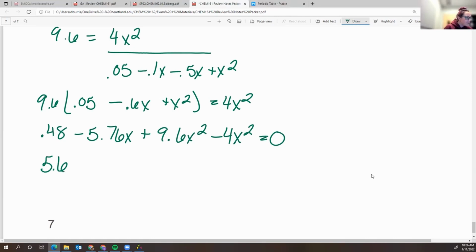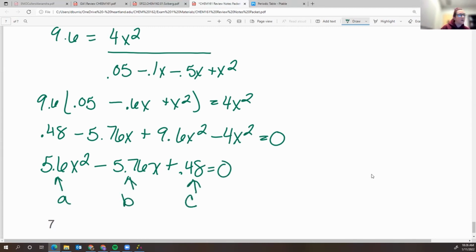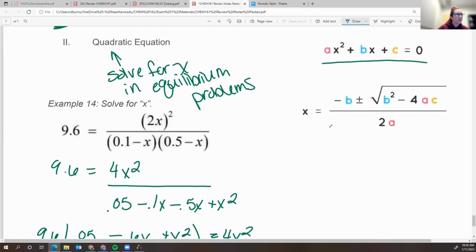All right, so let's get this in the right form, shall we? I would get 5.6x squared minus 5.76x plus 0.48 equals 0. So this is now my A, this is now my B, and this is now my C. So I can plug that into the quadratic equation up here and solve for x.